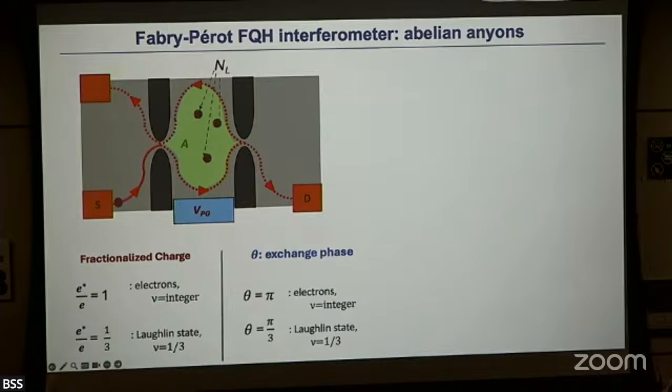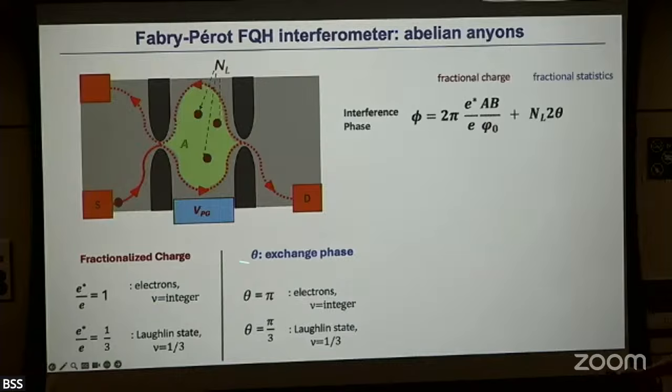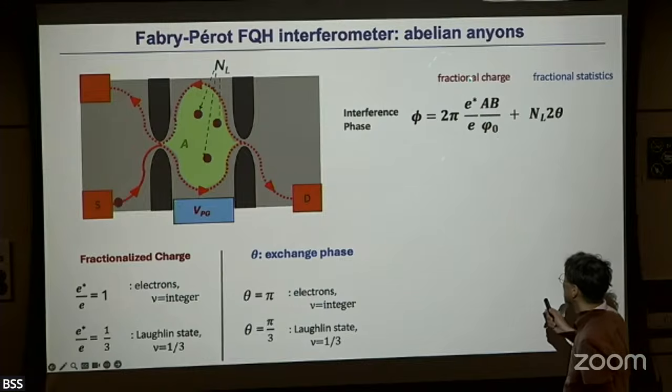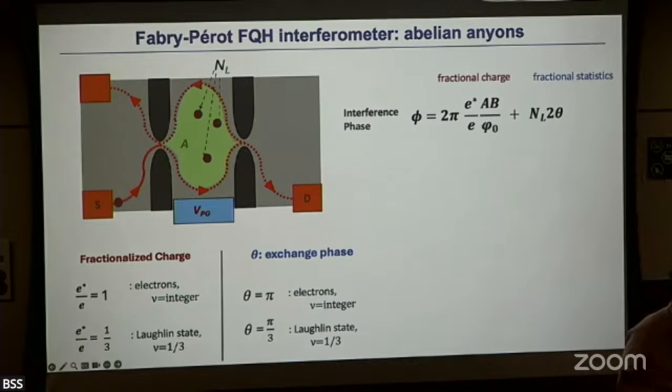The way we can look at this is, of course, to look at the Aharonov-Bohm phase. The Aharonov-Bohm oscillation period will contain the renormalization of the fundamental charge, and we expect to see a 3 times larger phase modulation once you get into 1/3 fractionalized charge. But how about the braiding statistics?